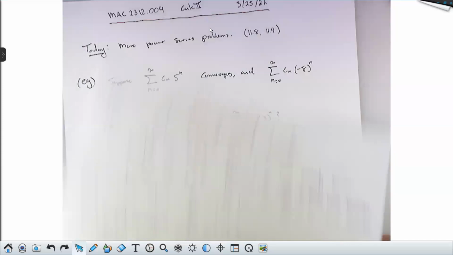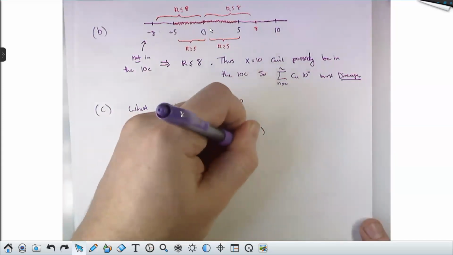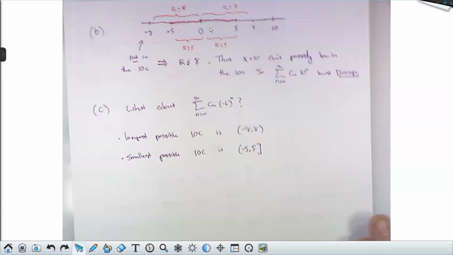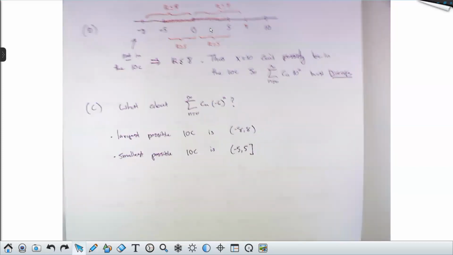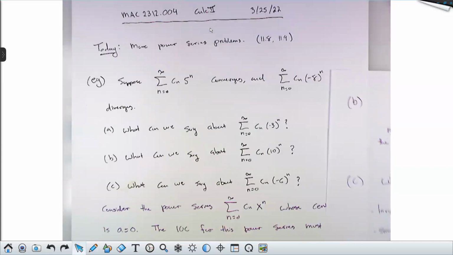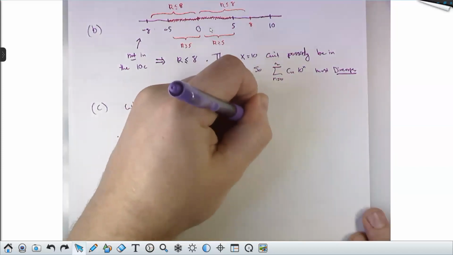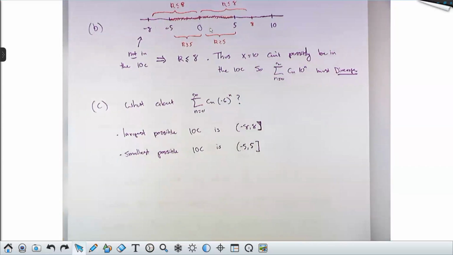We're given that 5 to the n. All right, so that would mean -5. I suppose this one, let's see, we were told that sigma is at 8 to the n or -8 to the n diverges. Yeah, so the largest possible, this could actually be closed at 8. Largest possible IOC, -8 to 8. Smallest possible IOC, -5 to 5.